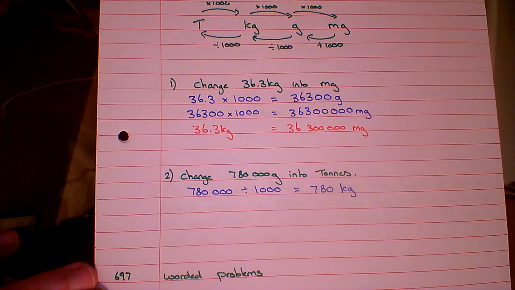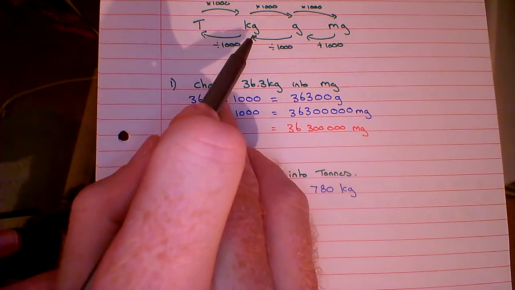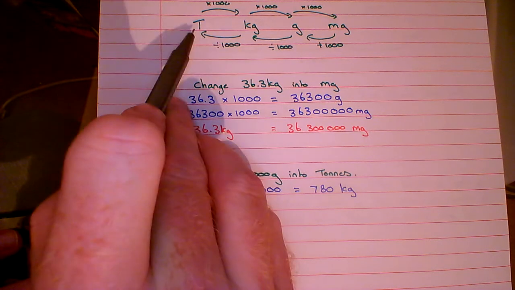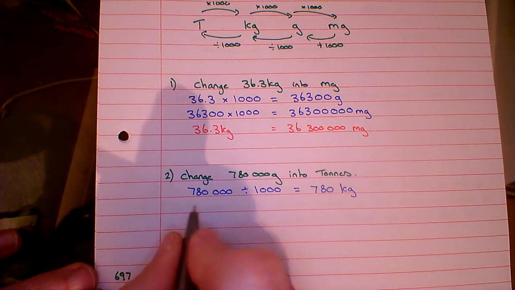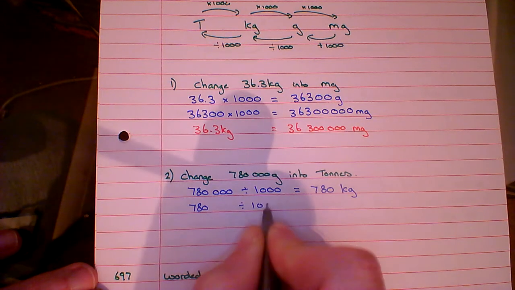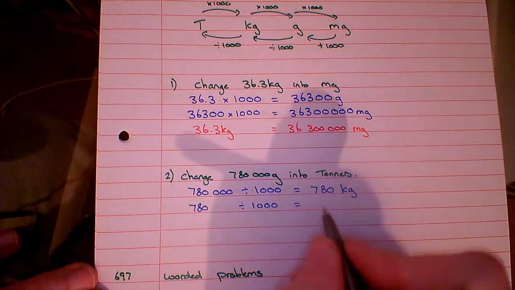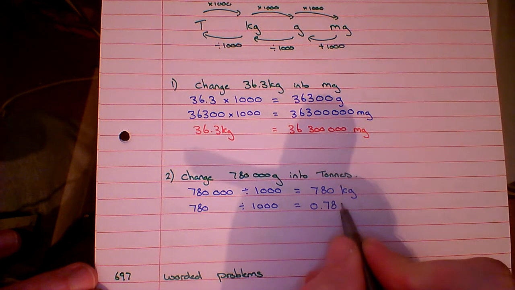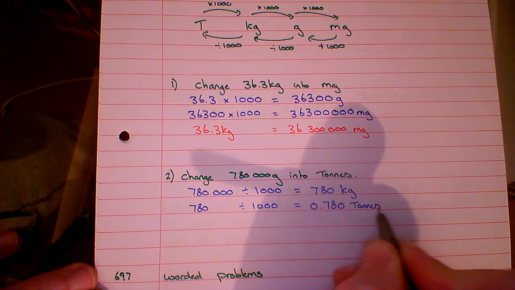kilograms. Now that I've got my kilograms, I need to get to tons. There are 1,000 kilograms in a single ton, so I'm going to divide by 1,000. If I follow the arrow, divide by 1,000 to get to tons. So my second line of working, 780 divided by 1,000, and once I've done that, I will get 0.780 tons.